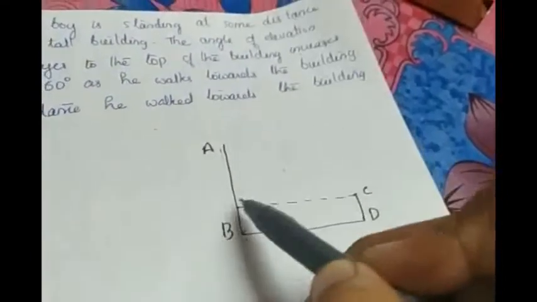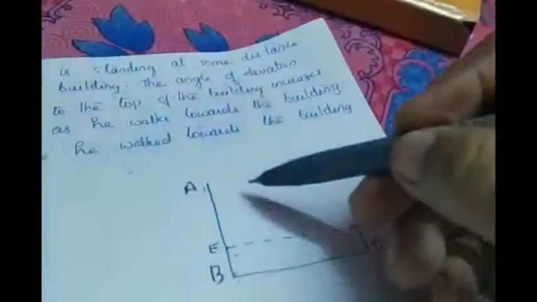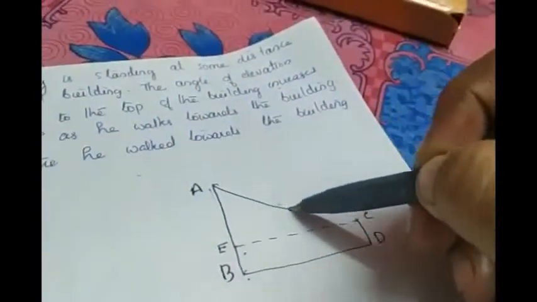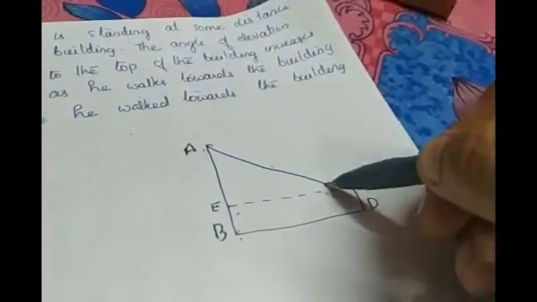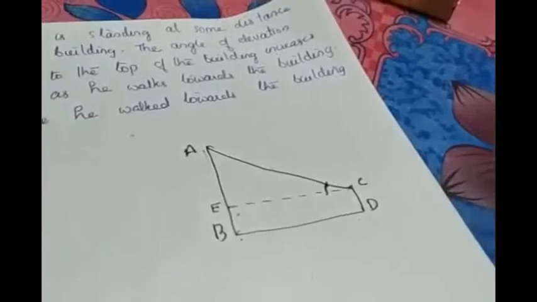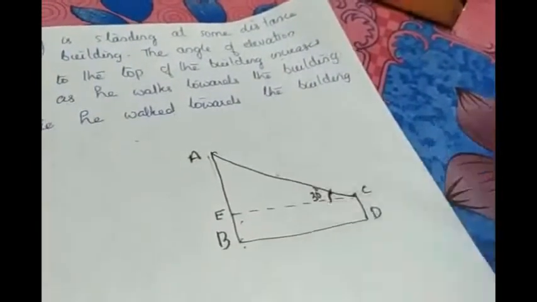And let this be E. This will be the horizontal level, which you are seeing in the white color. And if I join AC, that will be the line of sight, which you are seeing in the brown color. And if the dotted line makes the horizontal level and this is the line of sight, this will be the angle of elevation, isn't it? In the first case. And in the first case it is given as 30 degree.